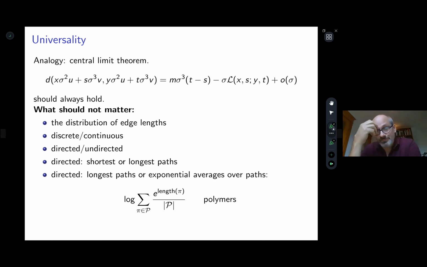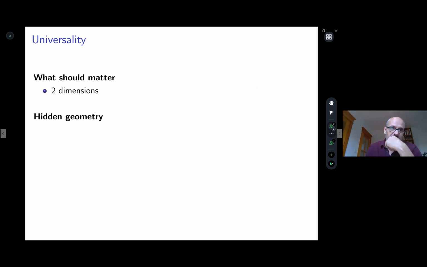And finally, another thing you can do is, instead of looking at the longest path, you can take some kind of exponential average of path length. So you exponentiate the length, and then you sum and take a log. So that's called polymer models. And we have now various directed polymer models that converge to the directed landscape. So what should really matter? Certainly one thing that should matter is that they're in 2 dimensions.